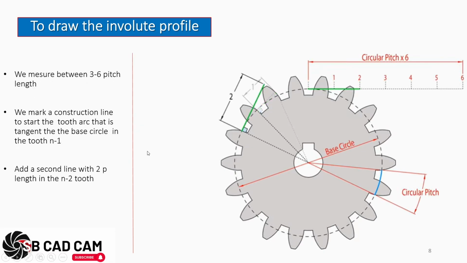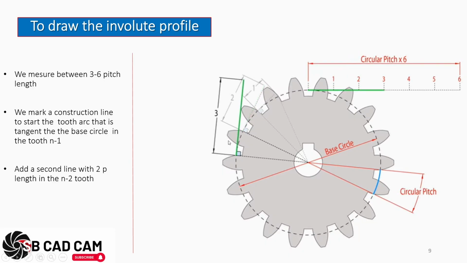We will add a second line with 2 times the pitch. We have 1 time the pitch here and 2 times here in the n-2 tooth. So we want to draw this involute. We have the n tooth, and we have the n-1 and the n-2. Then we will go to the n-3. We will do the same.